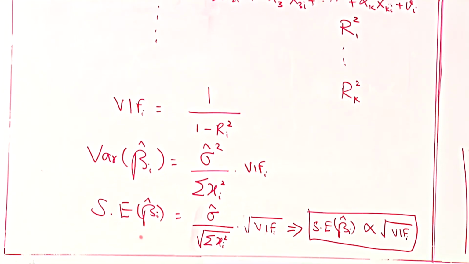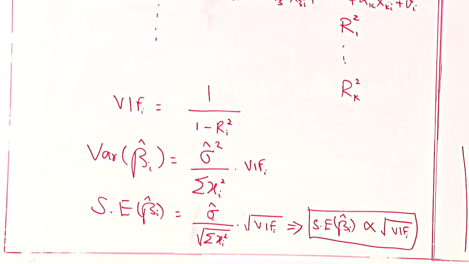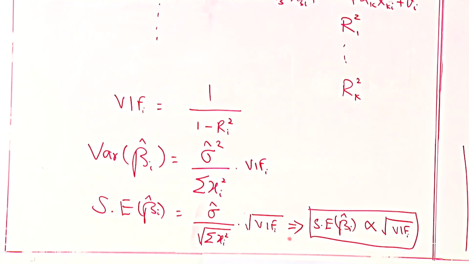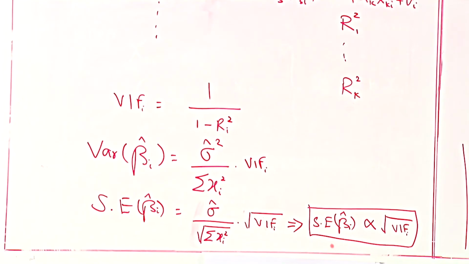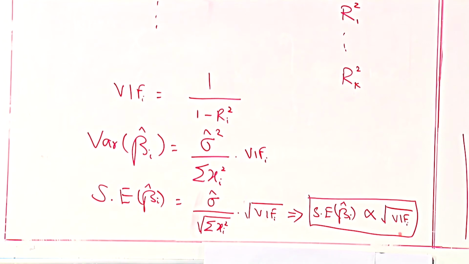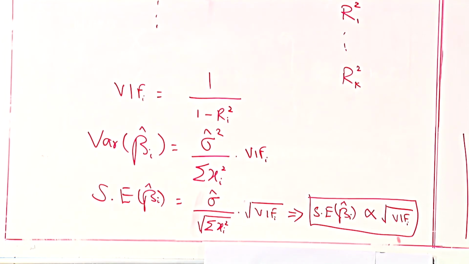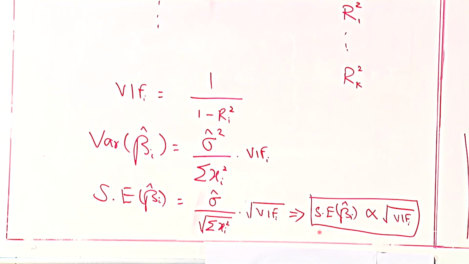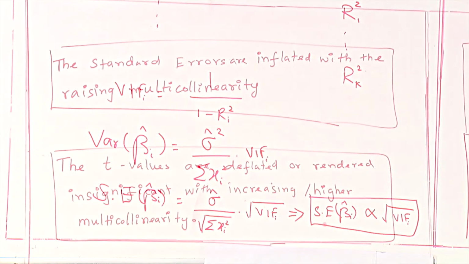Naturally, the standard error of beta i hat is equal to sigma divided by the square root of sigma xi square, times the square root of VIF i. So the standard error of beta i is proportional to the square root of the VIF. As the VIF is higher, the standard error will be inflated that many times.